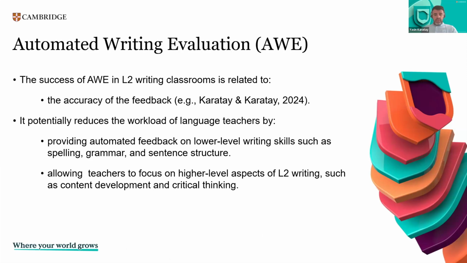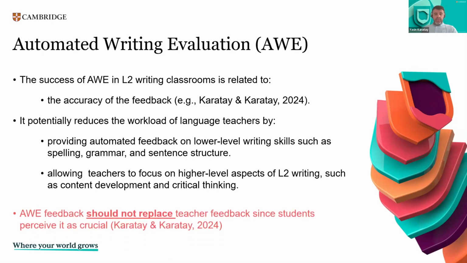And as for the advantages, it could potentially reduce the workload of language teachers by providing automated feedback on lower level writing skills such as spelling, grammar, sentence structure, and it could allow teachers to focus on higher level aspects of second language writing, such as content development and critical thinking.